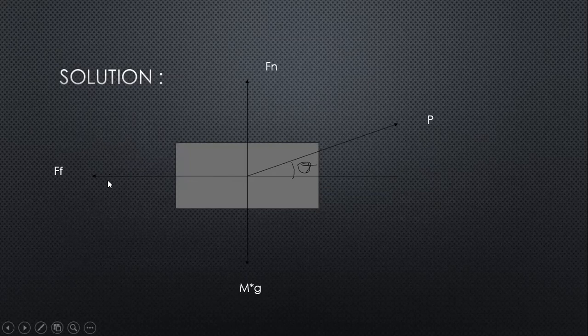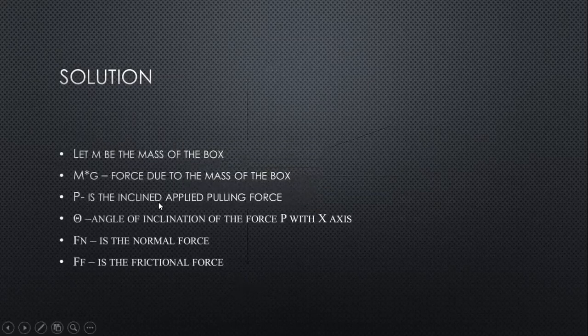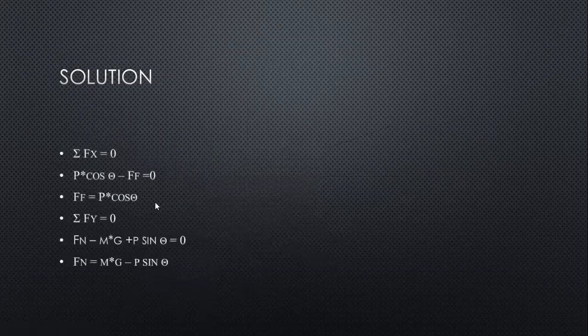The frictional force acts opposite to the applied load, so it is taken as negative. So P cos theta minus Ff is equal to 0. This can be rewritten as the frictional force Ff equals P cos theta.